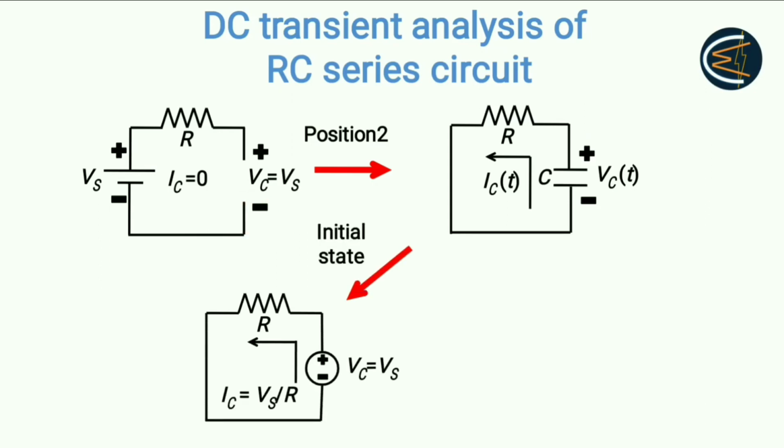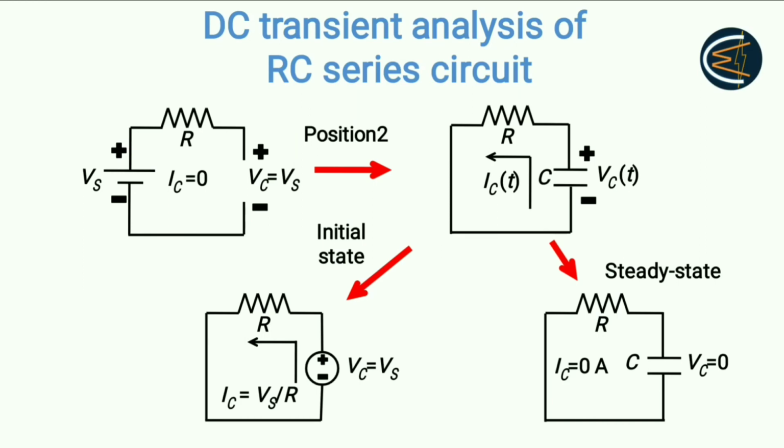At the initial state it will behave as a voltage source, and it will try to flow a current in the opposite direction compared to the previous case, which is Vs by R at the very beginning. Why it behaves as a voltage source, I have already explained in my previous video lectures, and I will share all the links in the description box.